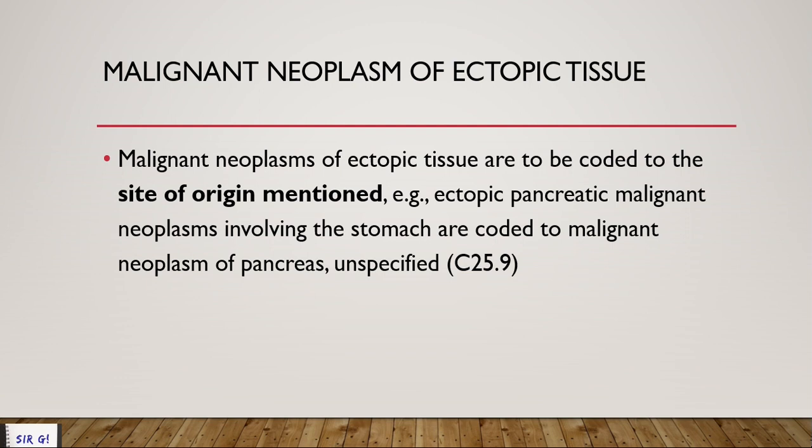And a portion of it is outside the stomach, but a portion of it is inside the stomach. Okay? So, what if the patient suffered an ectopic pancreatic malignancy involving the stomach?